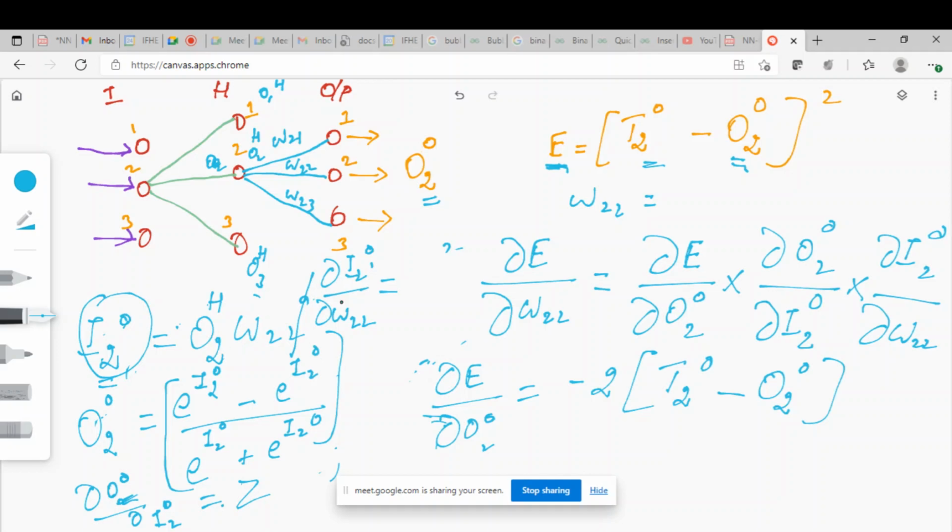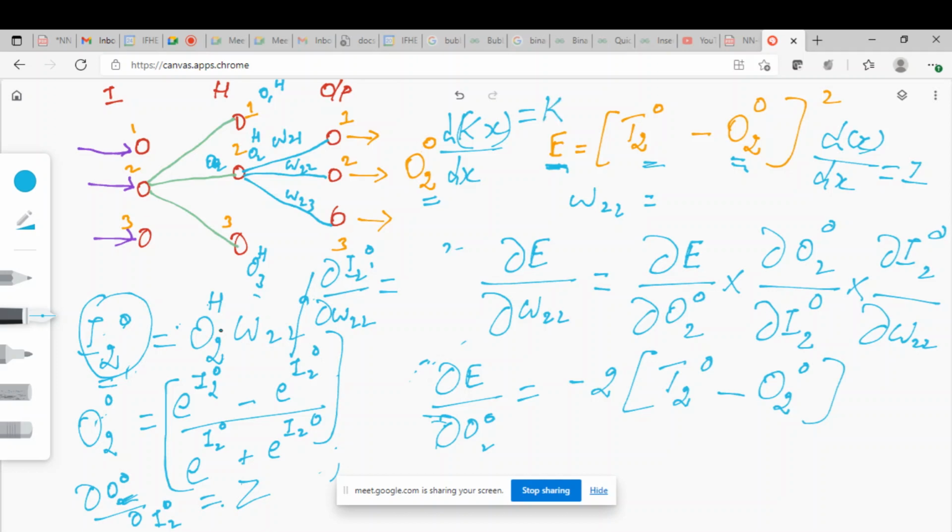This is like differentiating Kx, where K is a constant. What is the differentiation of x with respect to x? 1. So what is the differentiation of Kx with respect to x? K.